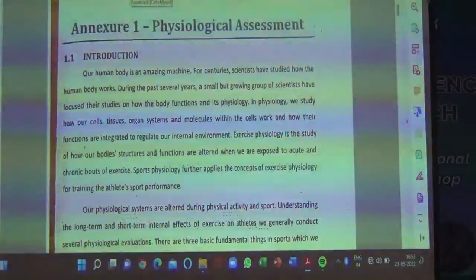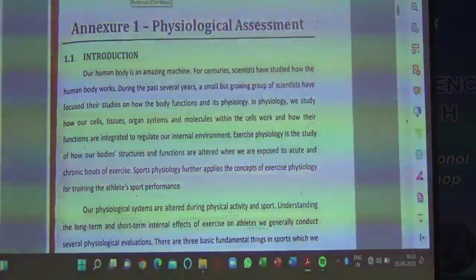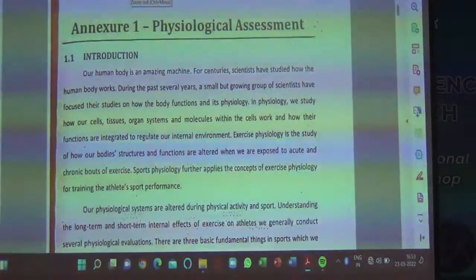Is it okay? First we'll go for the calculation for RAST, running based aerobic sprint test.